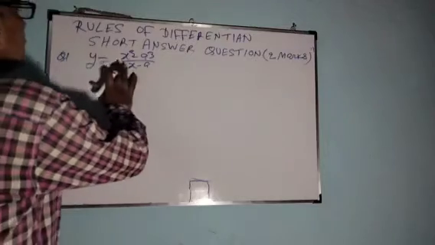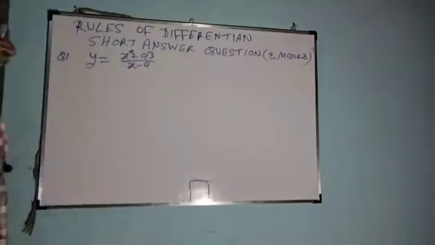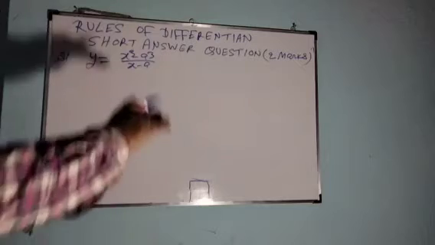y is equal to (x cube minus a cube) by (x minus a). This function is of the form u by v.